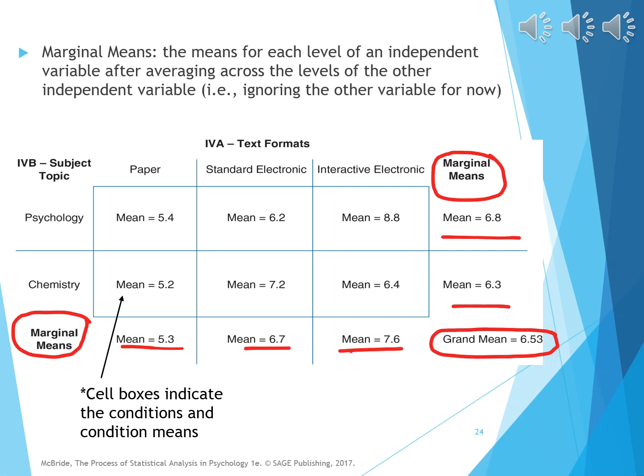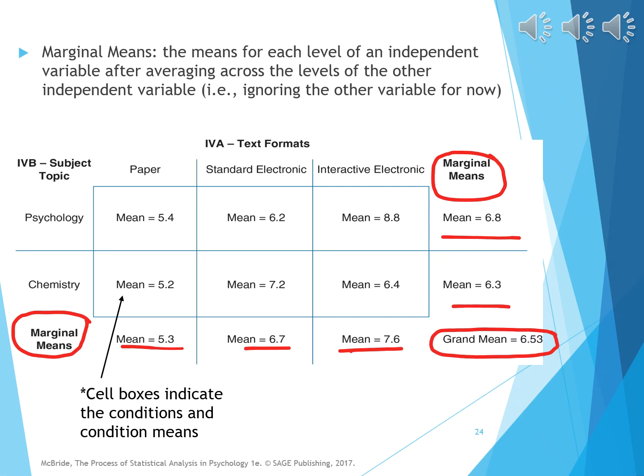If I want to compare the main effect of subject topic, meaning whether psychology versus chemistry textbooks have significantly different satisfaction means, I have to find some way of getting rid of the other independent variable, because that makes it too complicated.